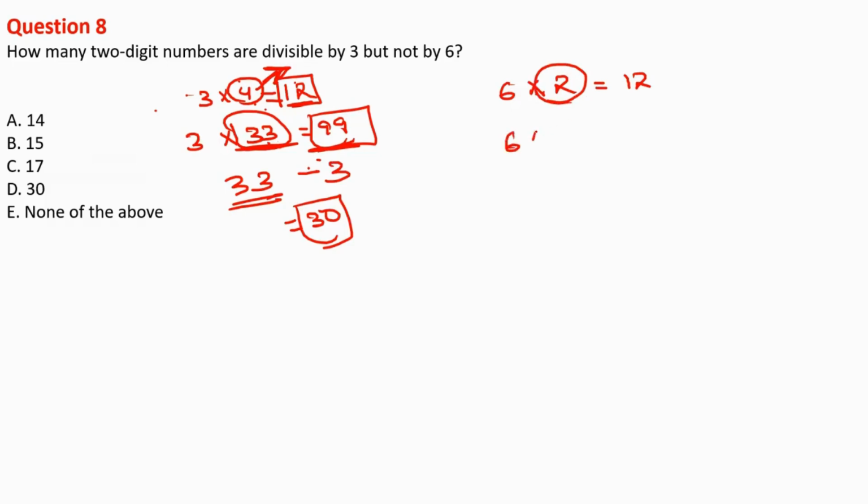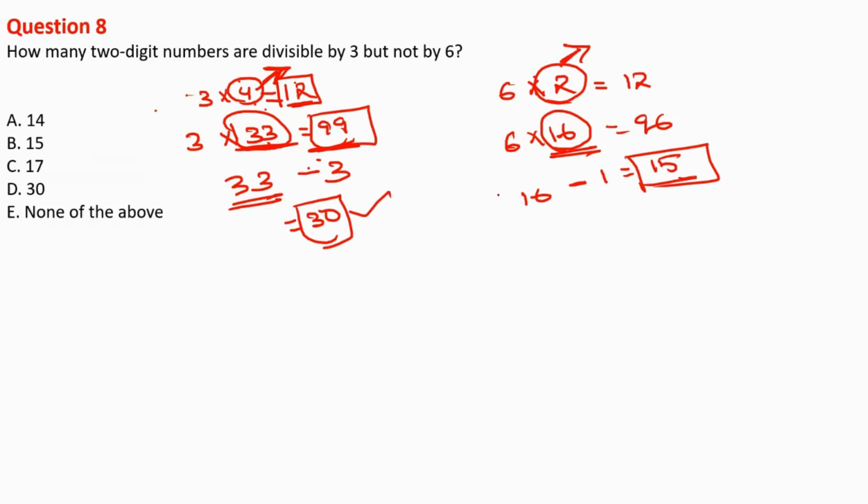And the last is 16 times 6, that's 96. Beyond 96, we do not have any two-digit number divisible by 6. So till the 16th multiple, eliminating the first one, hence 15 numbers are divisible by 6 and 30 numbers are divisible by 3.